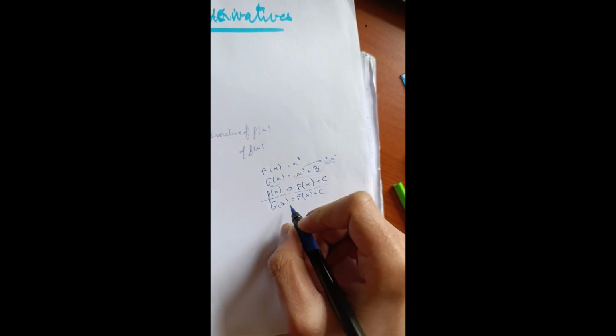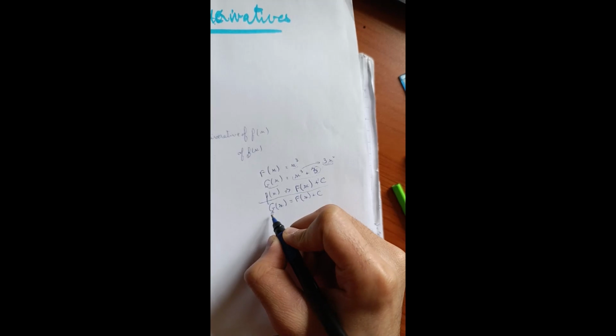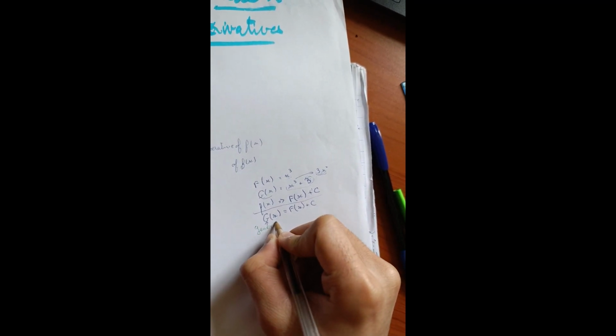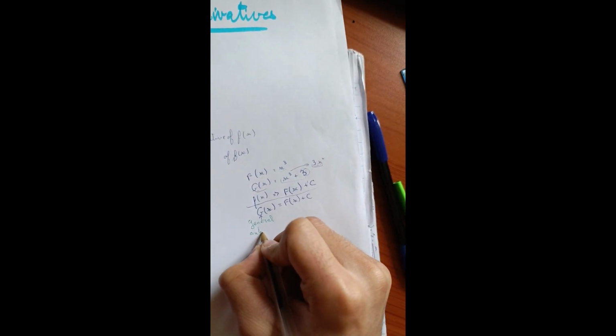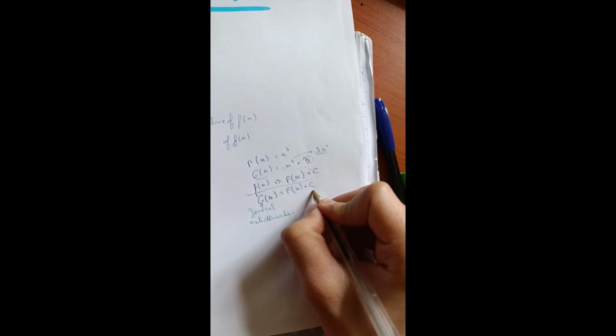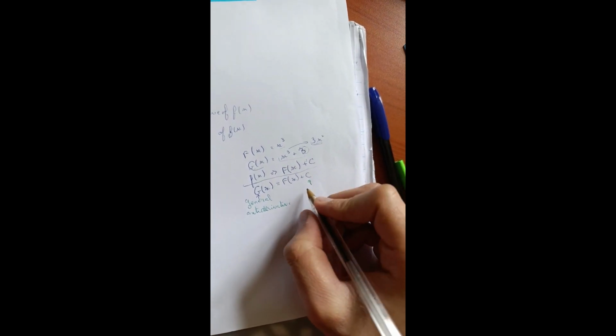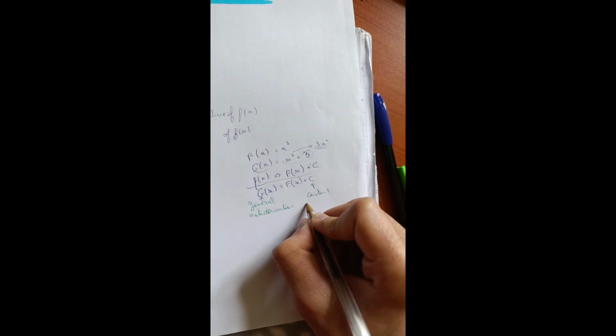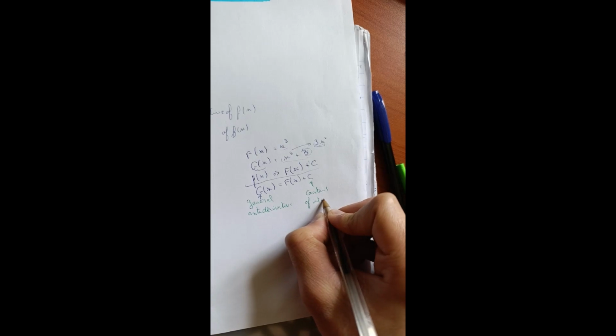And G of x is called the general antiderivative. And we call c, which is this constant here, the constant of integration.